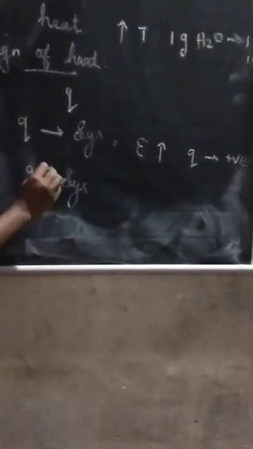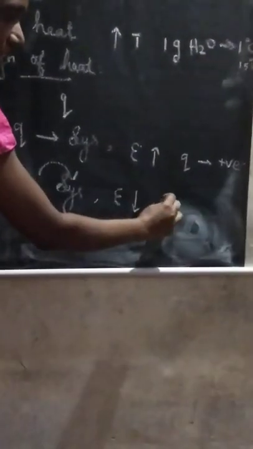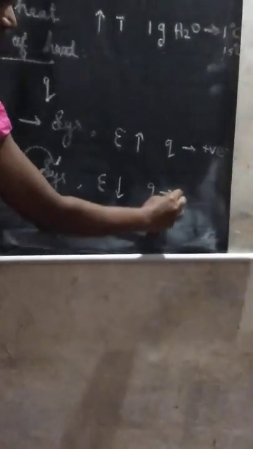Understand? Now listen. Suppose heat flows out of the system. Energy of the system decreases. If the energy decreases, heat will be negative.